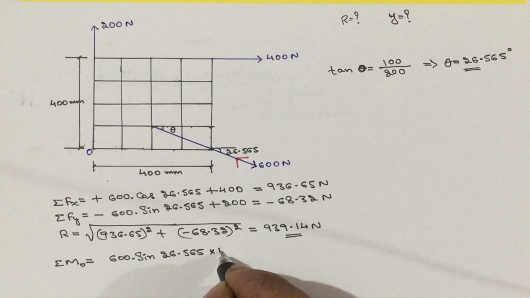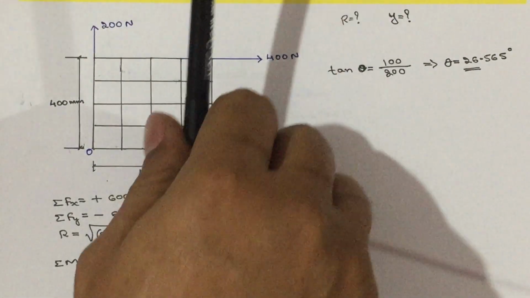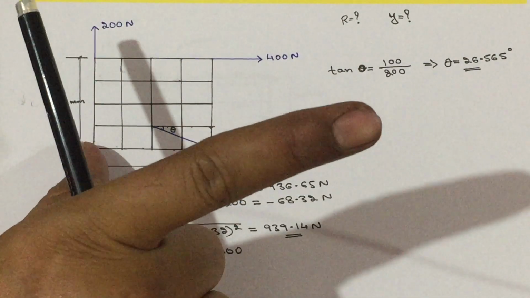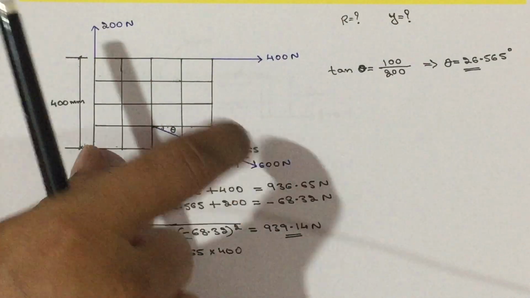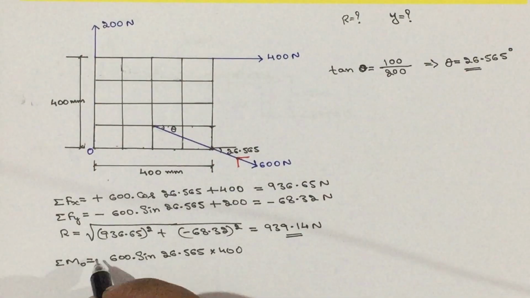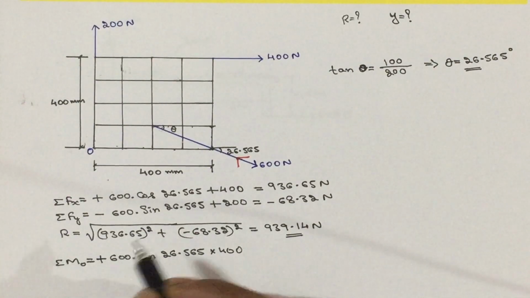So into 400. How is this vertical component moving? Keep your thumb at the O point and rotate your forefinger in the direction of the force. It is rotating downward, so it is clockwise, positive.